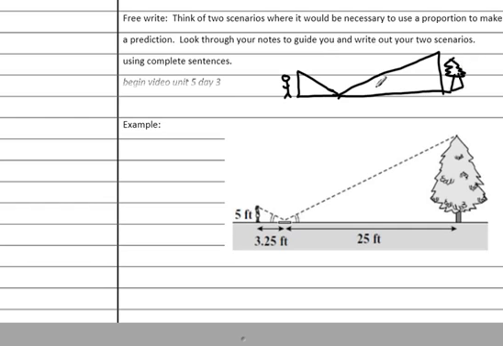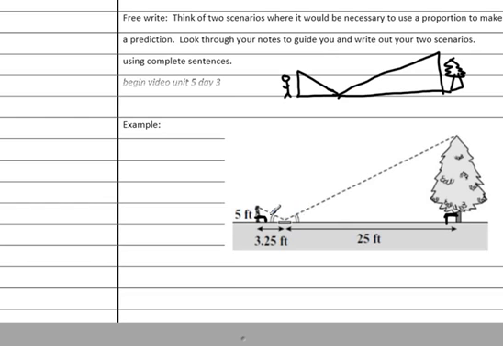Of course, use your straight edge though to make the triangles. And because the person is standing straight up and down, this is going to be a 90-degree angle here, and the tree is going to be perpendicular to the ground as well. And then it shows us that these two angles are the same.